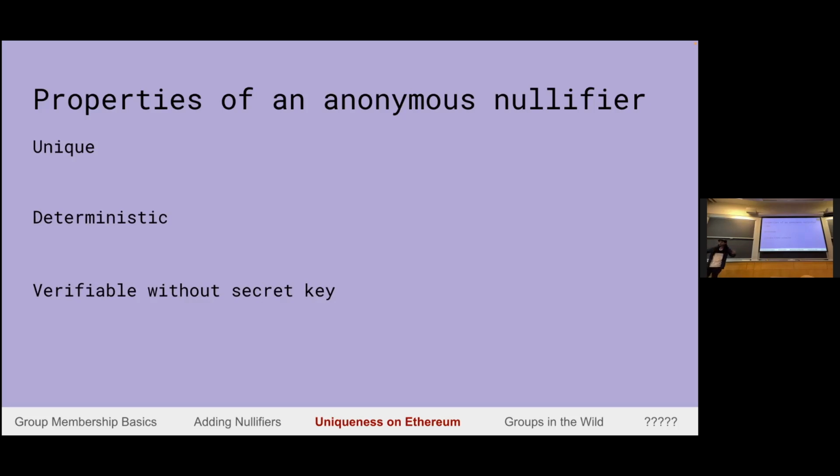There shouldn't be a way to have all of our money and identity stolen if we use this scheme. You don't even want to enter that territory, so we say we don't want the secret key to verify this. And in practice, this is also necessary because a lot of people have hardware wallets, and there's no way to get a secret key out of a hardware wallet. So we can't copy-paste the secret key around and do the naive thing that we did earlier with Semaphore and ZK message board.